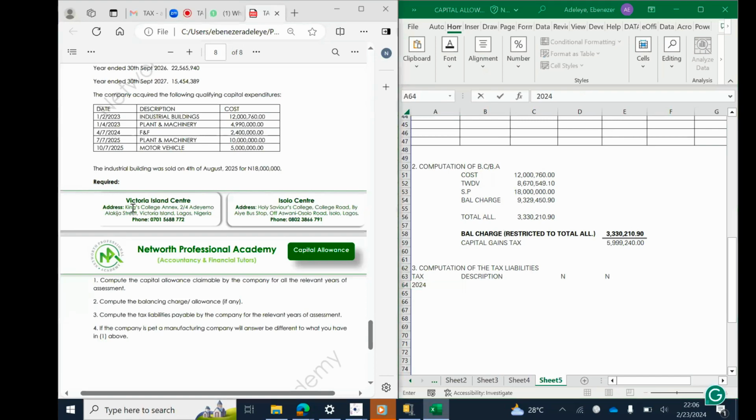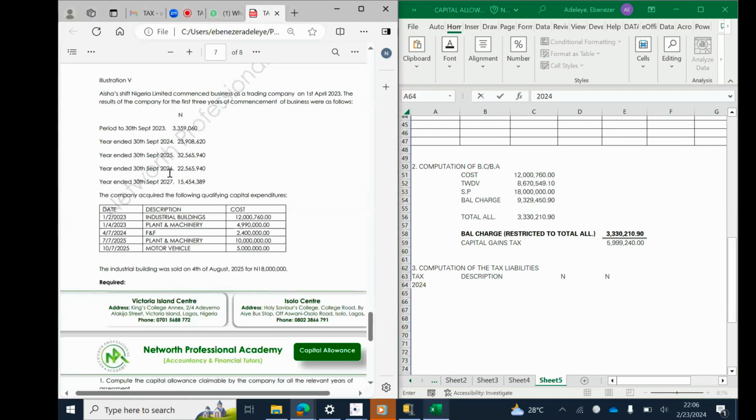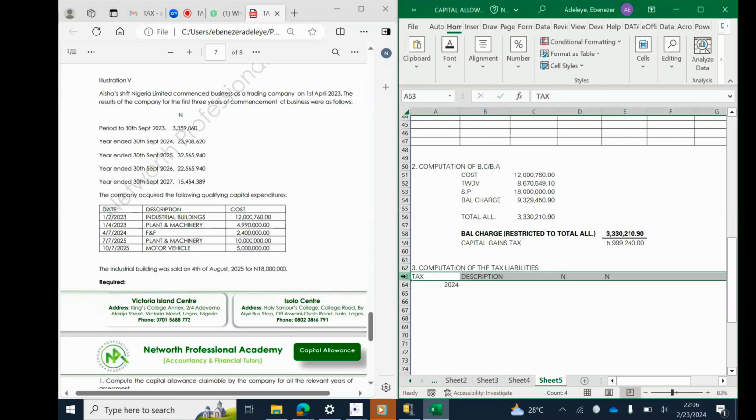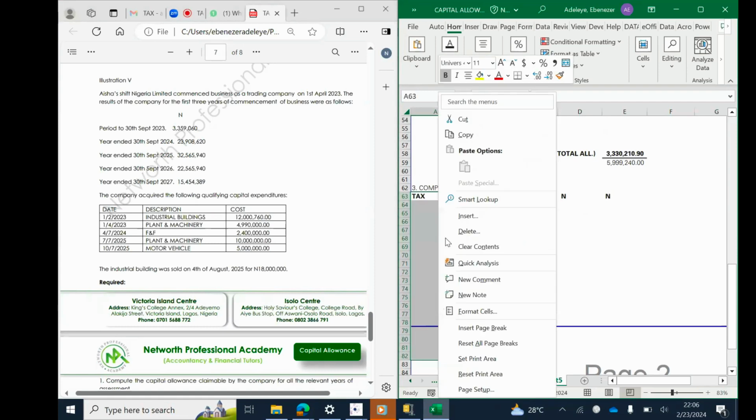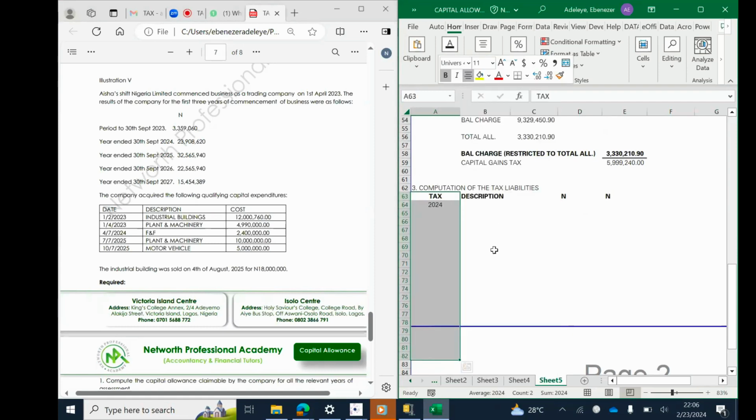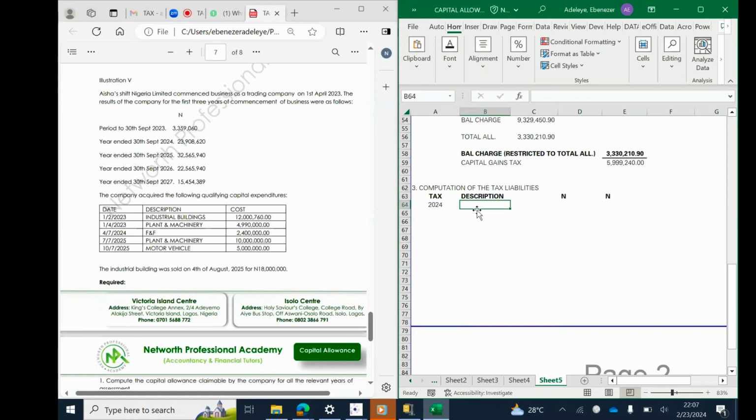For the 2024 year of assessment, please pay attention to this. We have not done something like this before. I'm going to make this bold and line all of this. For our 2024 year of assessment, we are going to have what we call the assessable profit.